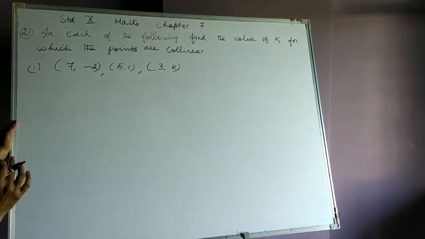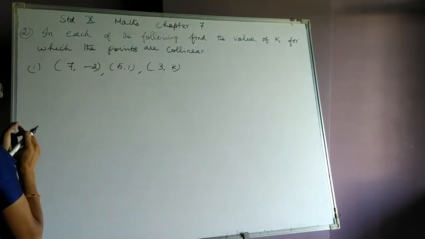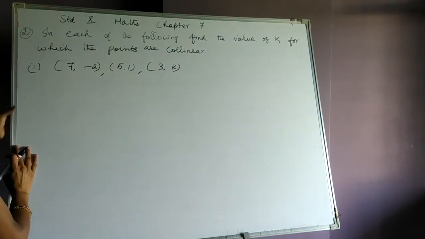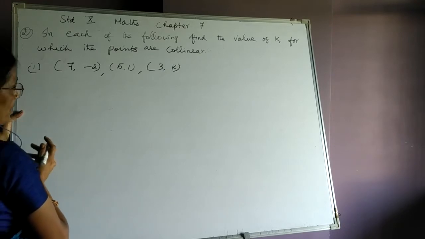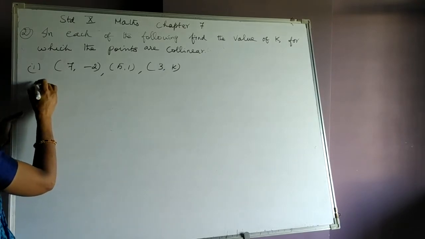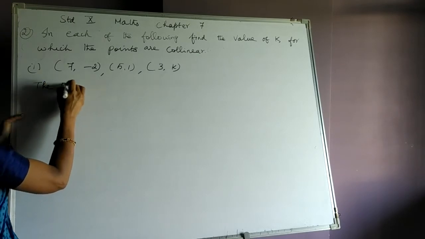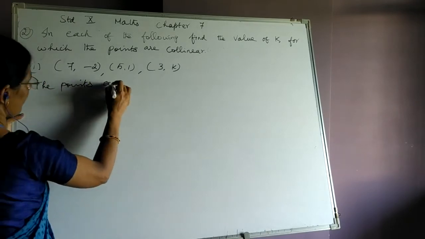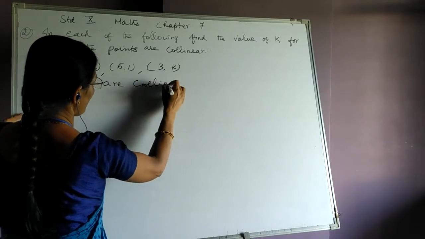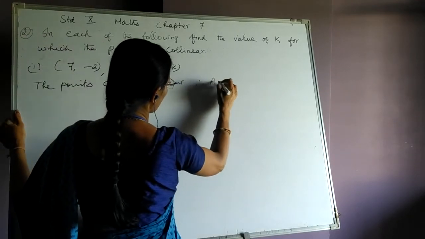So it is half into 2 into 4, minus 1 into minus 4 minus 3 becomes minus 7, plus 2 into 3. Simplifying, we will get half of 21, which is equal to 10.5. It is the area of the triangle. Therefore, it is expressed in square units.